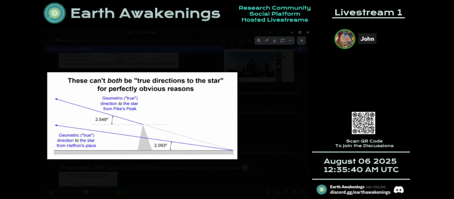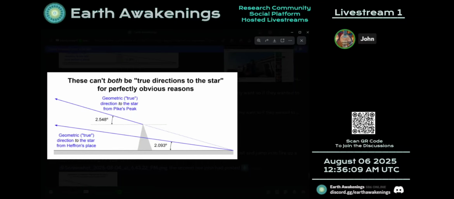Yeah, well, what really happens, if you look at the bottom diagram and the one you posted, is the light comes to Earth from very far away, from the star, exactly along one of those lines. Both those lines are in the same direction. They're just separated by a little bit. But the light comes to the Earth from exactly that direction. As it enters the atmosphere, it starts to curve downward.